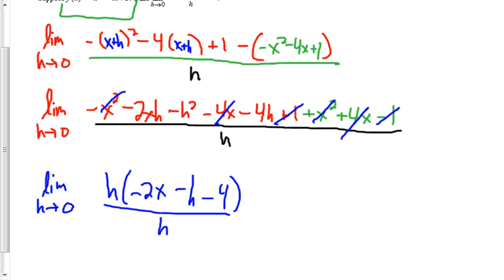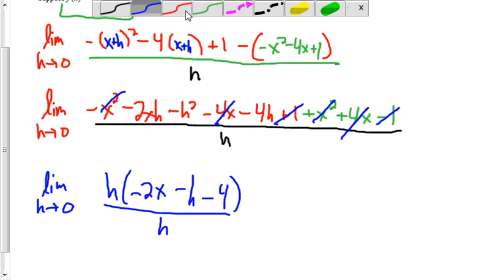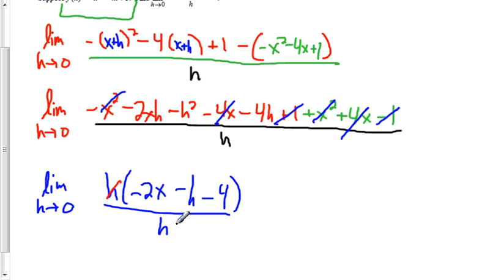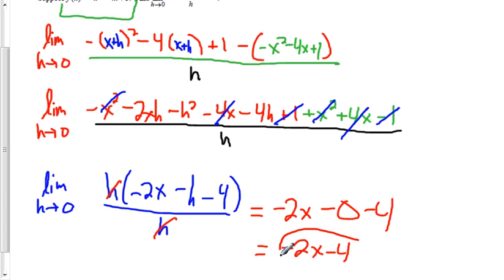The beauty of factoring out an h is I can now cancel those common factors of h, and the limit will not be undefined if I substitute in 0. So let's do our substitution. Every place I see an h, let's substitute in a 0, and see what I get: negative 2x minus 4.